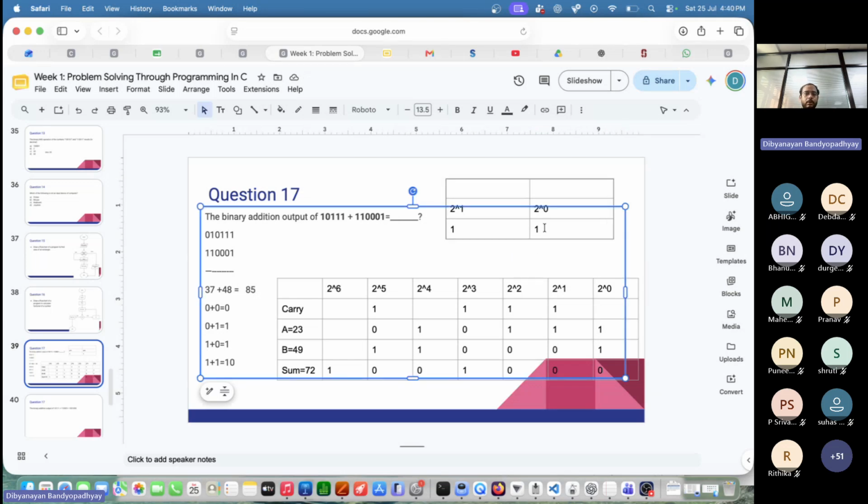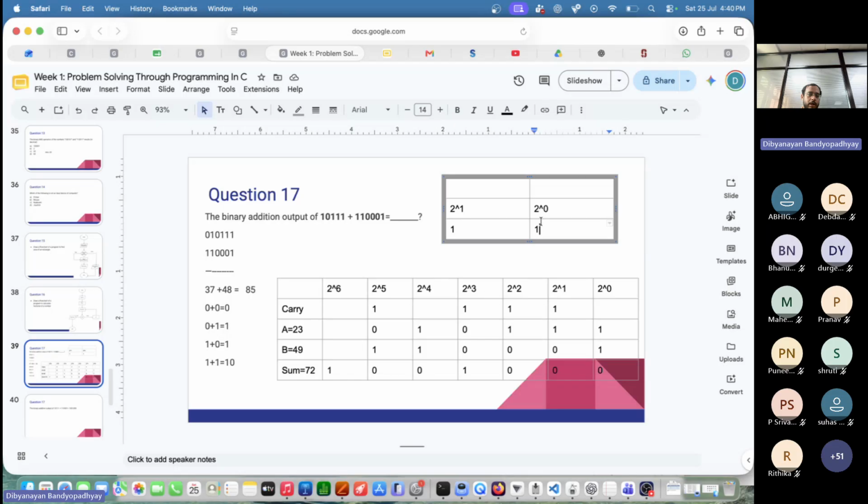This is 2 to the power 0, and the corresponding bit is 1. So 1 plus 2 to the power 0 is 1, and 1 plus 1 plus 2 to the power 1, that is 2. So 1 plus 2 equals 3. So you can represent 3 like 1 1. So you place 1 here and take carry also as 1. Okay. So does that answer your question?